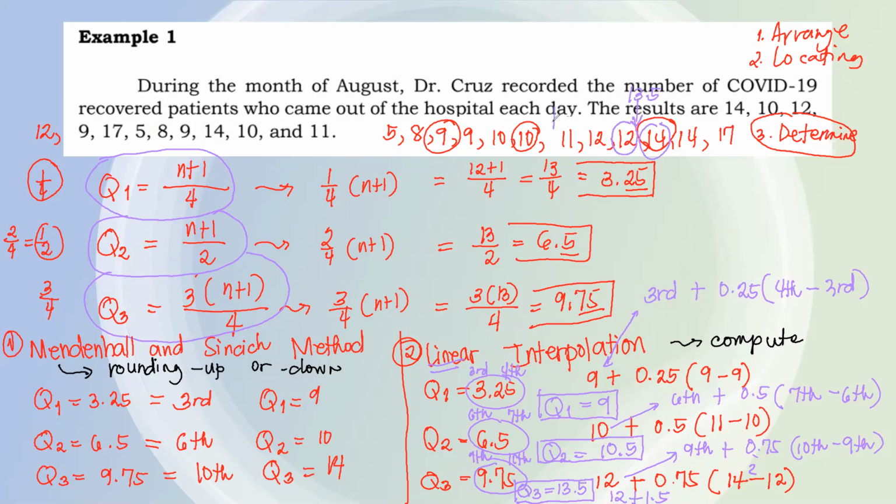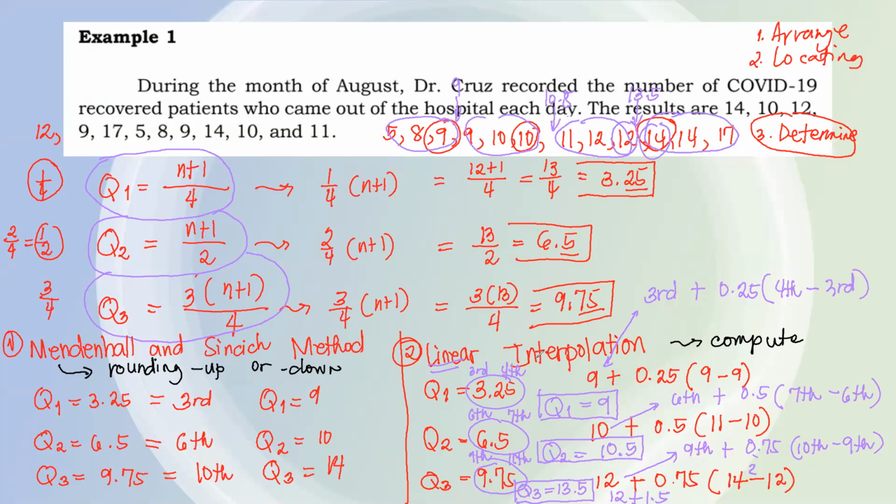Si 10.5, located here. And si 9, nasa gitna siya ng dalawang to. Okay? And mapapansin nyo, tatlo yung data dito, tatlo dito, tatlo rin dito, and tatlo rin dito, pantay-pantay siya.